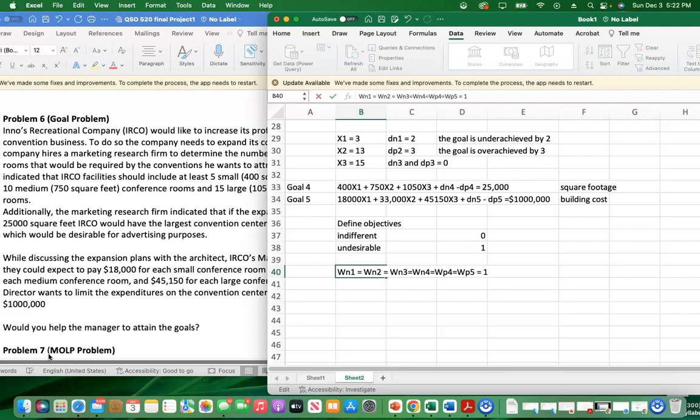However, we know that we can assign weight to the undesirable outcome, and we don't have to assign weight to the indifferent outcome because we are not concerned about it. So in this case, we can define our objective function as follows.